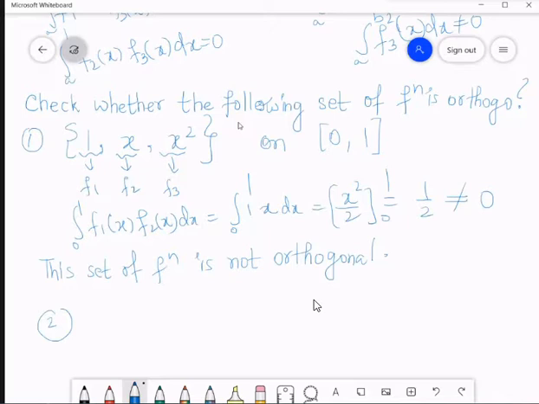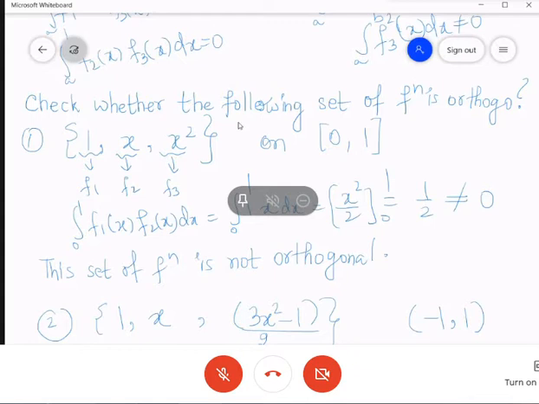If I have 1, x, and 3x square minus 1 divided by 2, all of them defined over the interval -1 to 1. Now try this one.